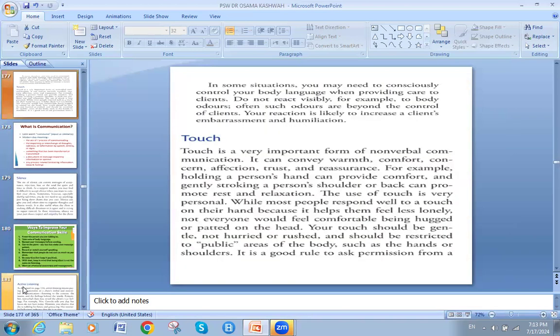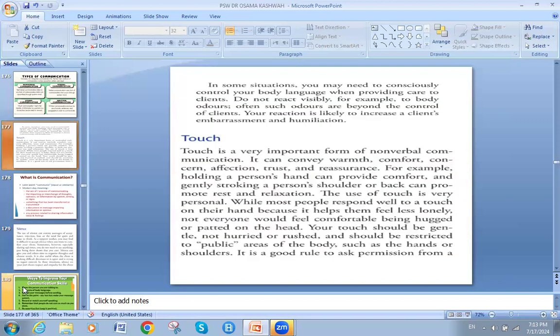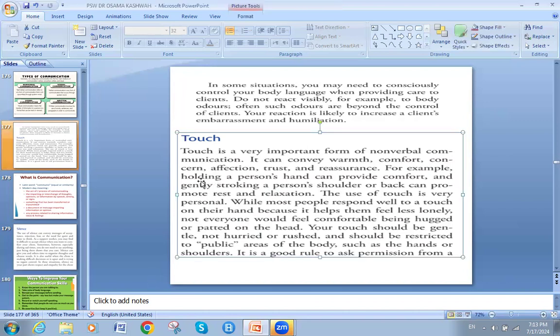We have also the touch. Touch is very important, especially for this PSW's work. But one thing you must know is that you have to take permission before you touch someone. Touch is warmth, comfort, and affection. Also, it's a kind of trust and reassurance.